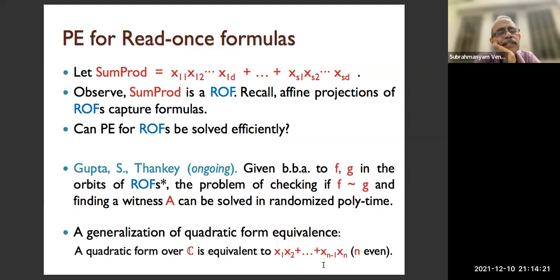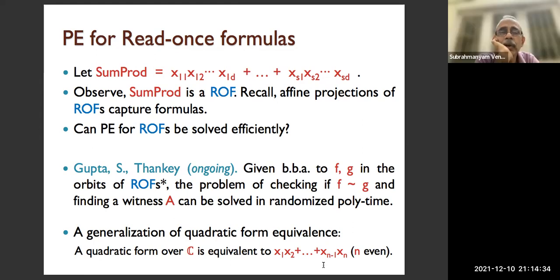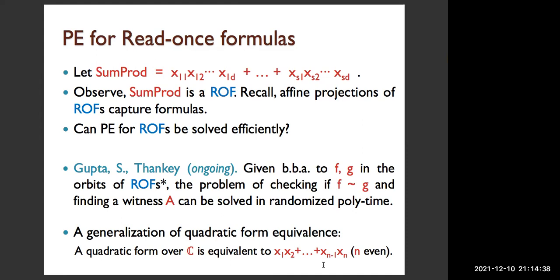Sorry, so what happens if you had some variables appearing in two of those monomials? Then it becomes read twice, right? Correct. So if it is not read-once, it is still some product, but read-twice formulas, doing isomorphism testing, I think it is known to be hard. I think at least as hard as GI.